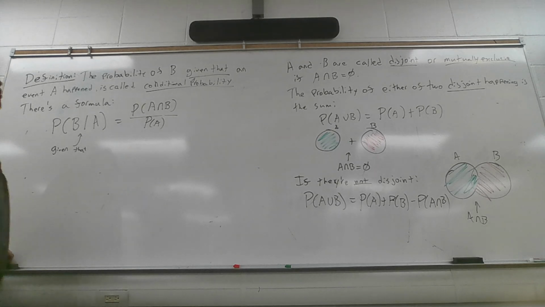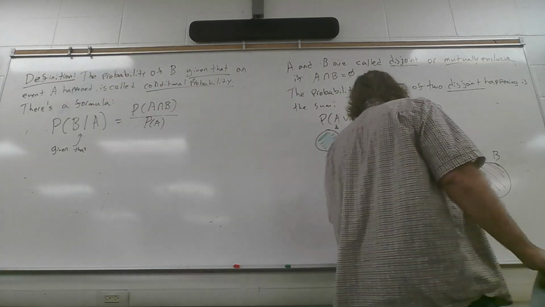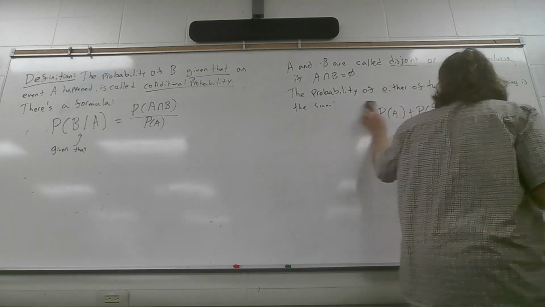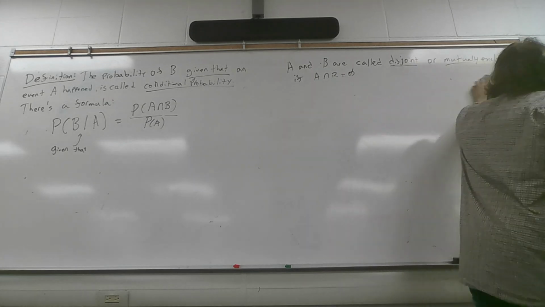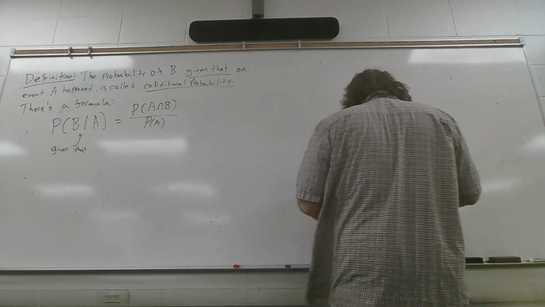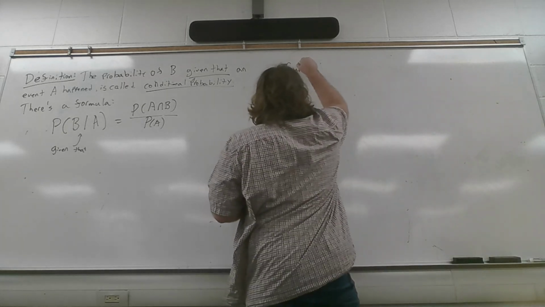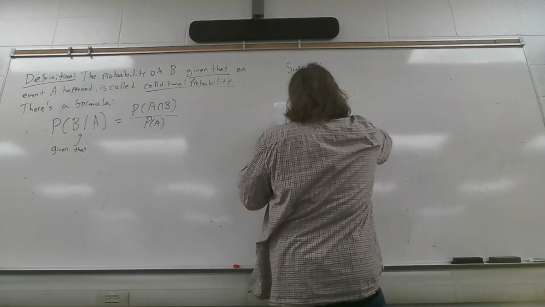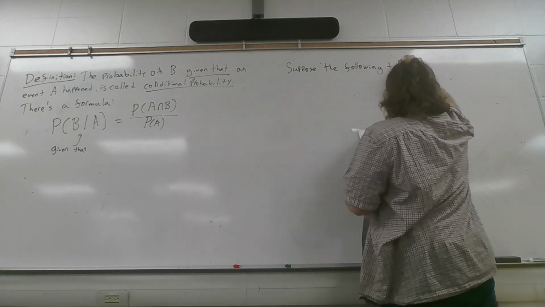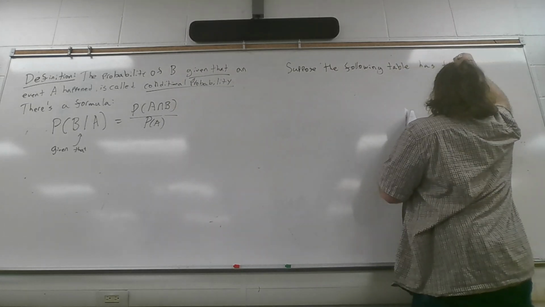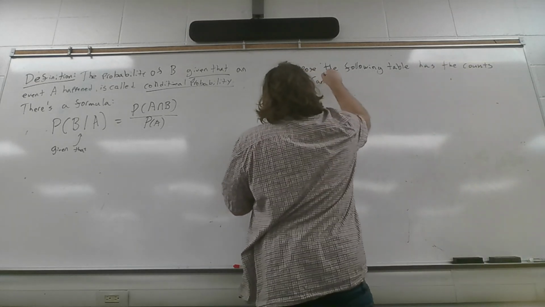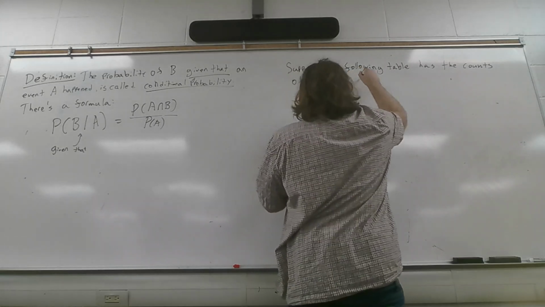So this is best seen with an example. Well, it's best seen with multiple examples, but I want to do one or two examples today, and then we'll do more on Wednesday. So suppose the following table has the counts of Canadians visiting Stonehenge.